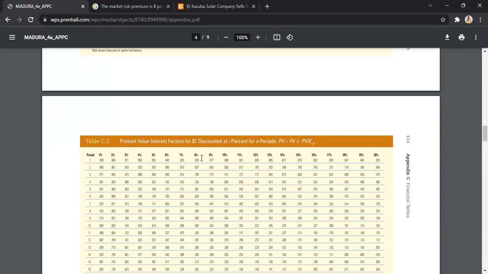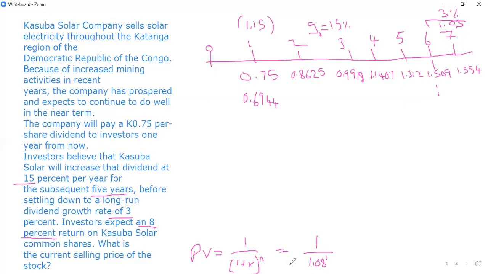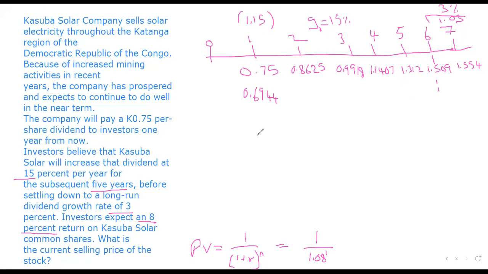This is supposed to be 0.926. I don't know what the others are finding. 0.926, then 857, then 794, then 735. Confirm, because if you get that wrong, it affects this.